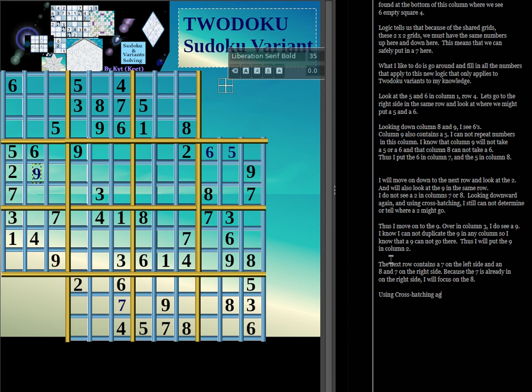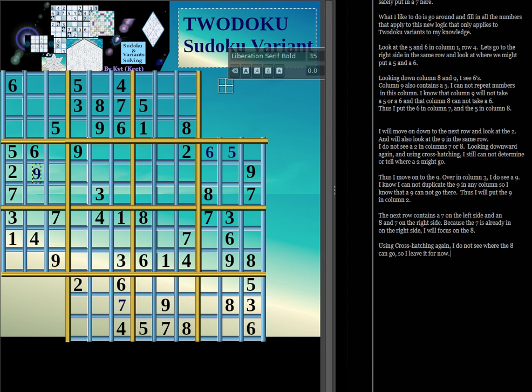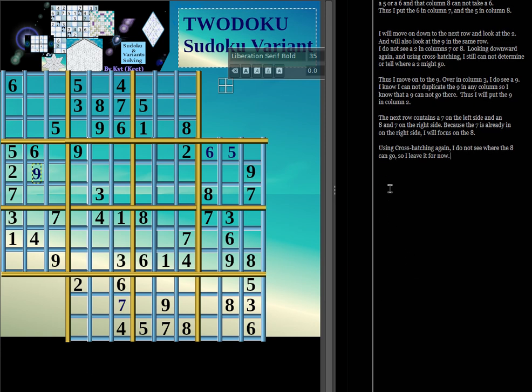Using cross hatching again, I do not see where the 8 can go, so I leave it for now. Row 7 on the left side contains the 3 and 7, as does the right side, so I skip it for now.